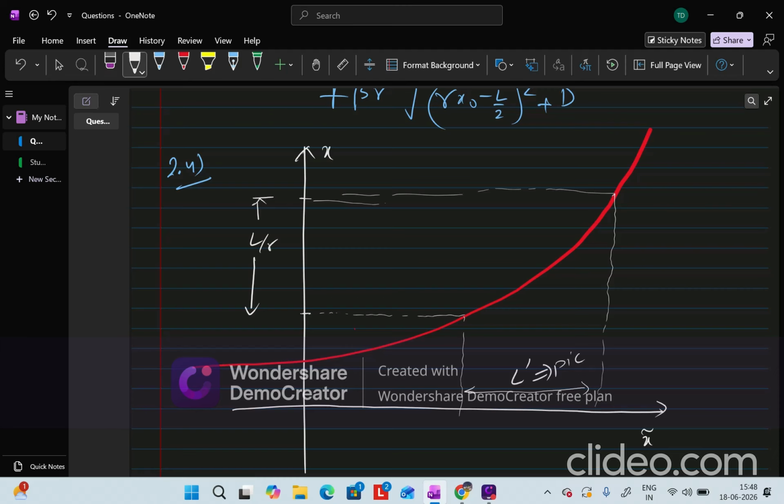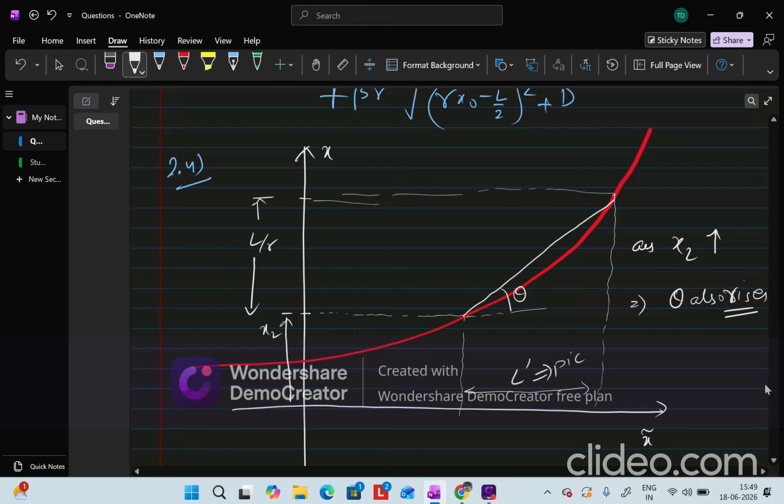Hence, what can I say, that as the rod goes to the positive x-axis, the x coordinate rises. Thus, if you draw a line joining the endpoints and consider its angle to be theta, so if my left end of the rod is at xl, as xl rises, you can say that theta also rises. This is a basic observation.